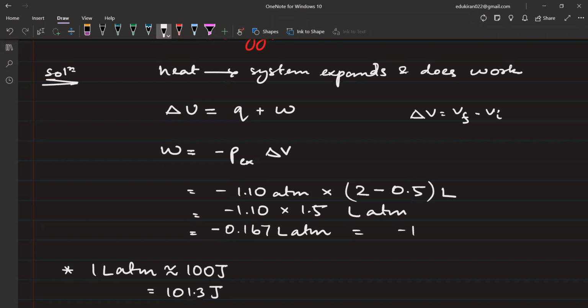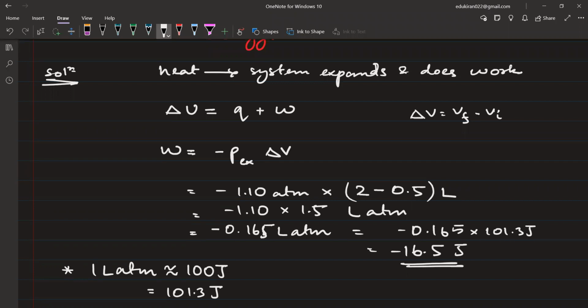So ये आपका हो जाएगा minus 0.167. So somewhere around आपके पास 16.5 joules आ जाएगा.